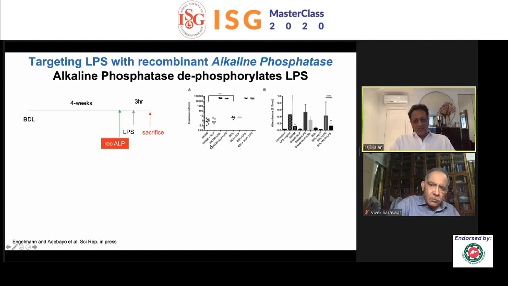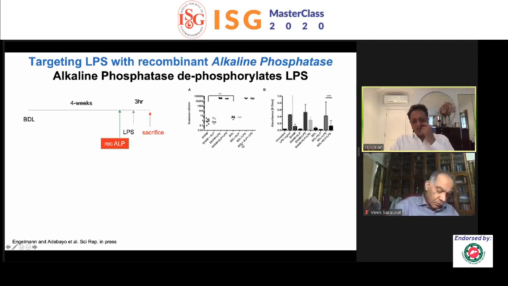What you can see here was very interesting. Here are your groups of animals: the sham animal treated with alkaline phosphatase, the sham animal treated with LPS, and you're measuring LPS levels here. This is an animal treated with alkaline phosphatase and then with LPS. And here are my bile duct ligated groups treated with alkaline phosphatase.